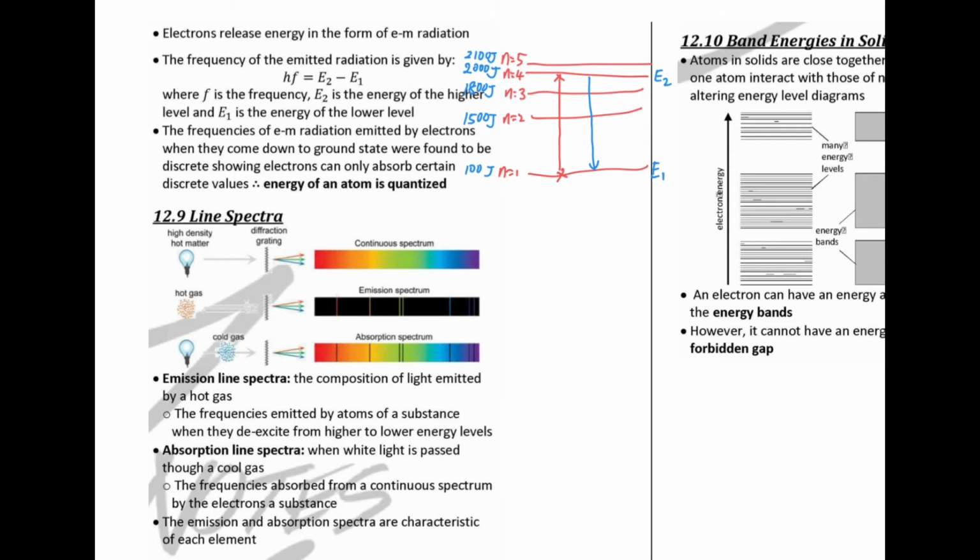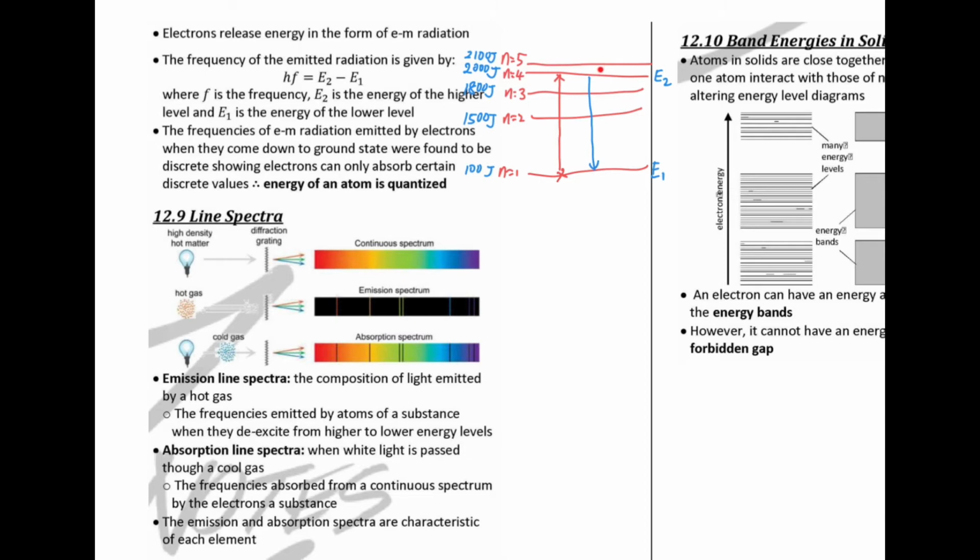For example, from n equal to 5 to n equal to 4, you have to release 100 joule. You can't go lesser. You can't release 50 joule, for example, because you can't go anywhere.